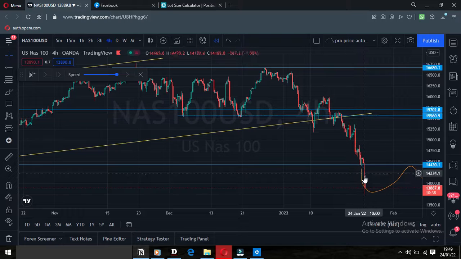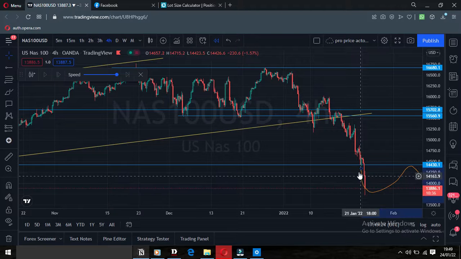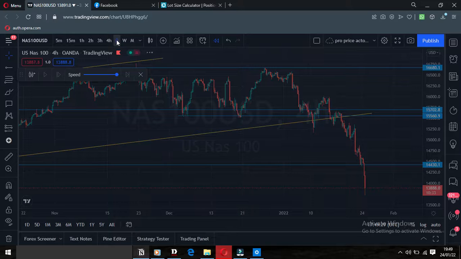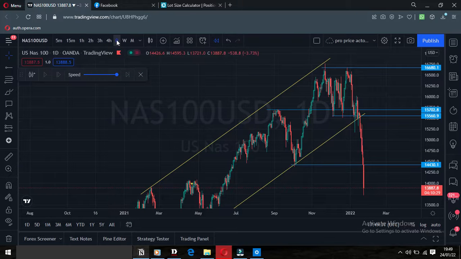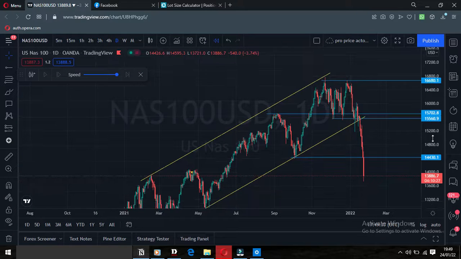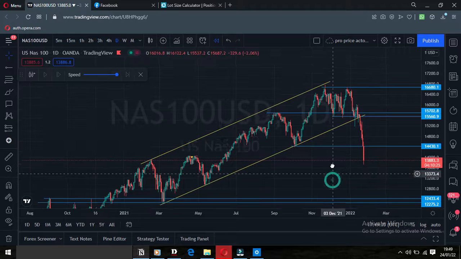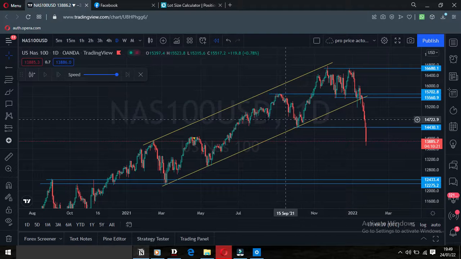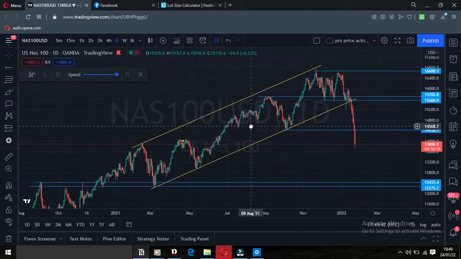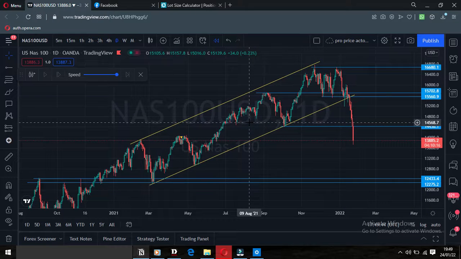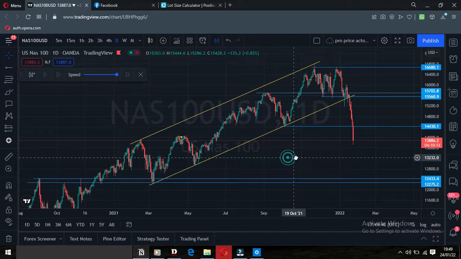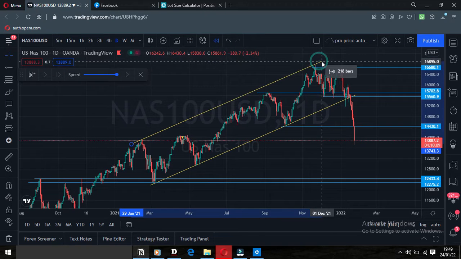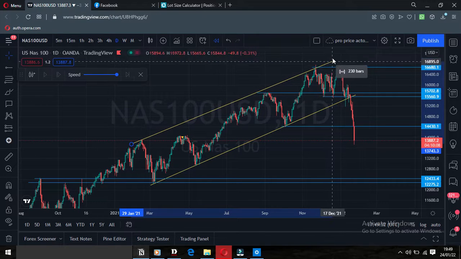So this is NAS100. What happened to NAS100 is that you can see here we had our bigger time frame structure. I think it was last year in November I shared this structure, and we have our bearish pennant flag.